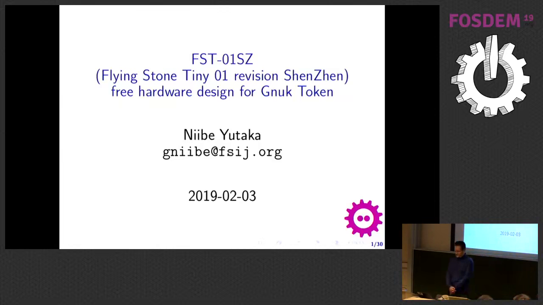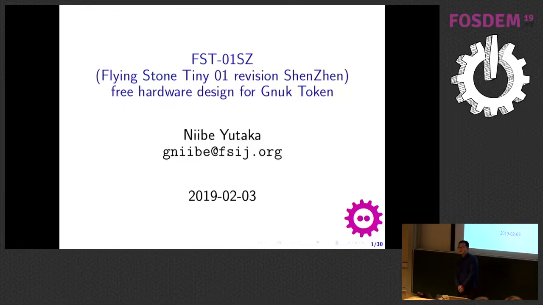So today my talk is about my hardware, Flying Stone Tiny 01 Revision ShenZhen. ShenZhen is a city in China, which is famous for computer and electronics. And it is called Gnuk Token.